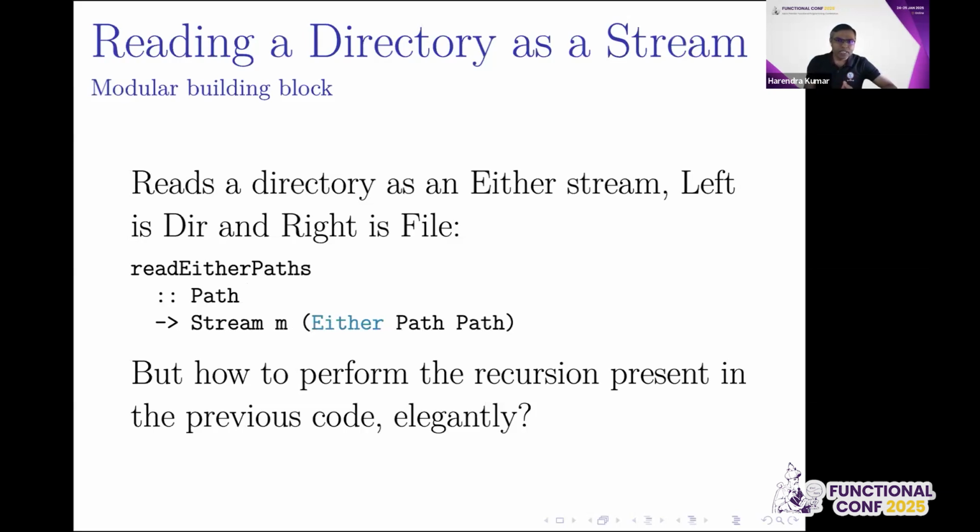So we can basically read a directory into a stream, which gives you files and directories separately, distinguished. And it uses the same low-level program that we wrote just before this. But we wrapped this into a nice streaming combinator. But how do we perform the recursion that was present in the previous code?